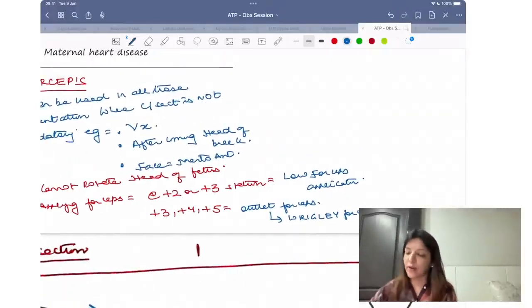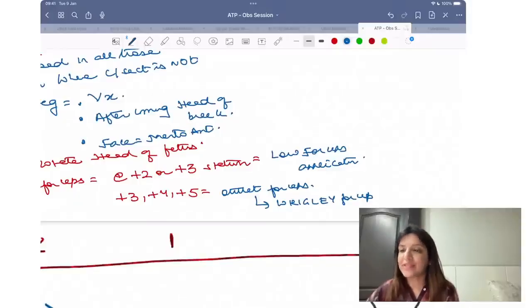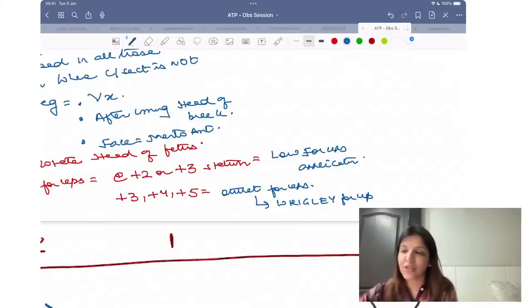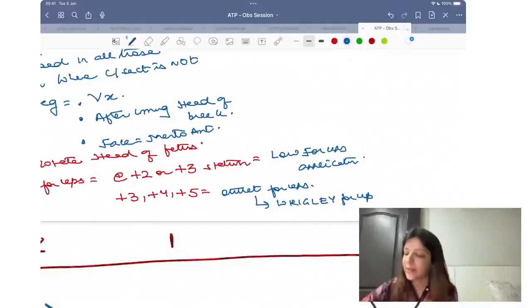Now understand one more thing. This time in NEET they asked a question that the head of the baby is at +3 station. Now tell me, which forceps am I going to apply? Because low forceps is applied at +3 and outlet forceps is also applied at +3.